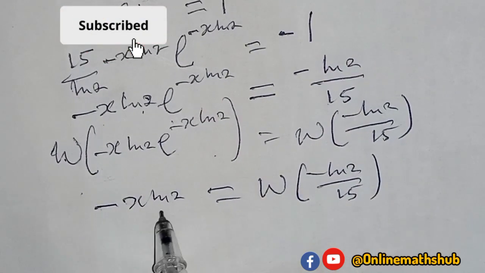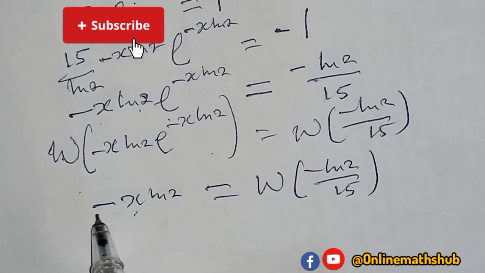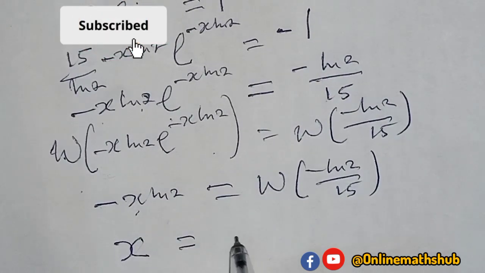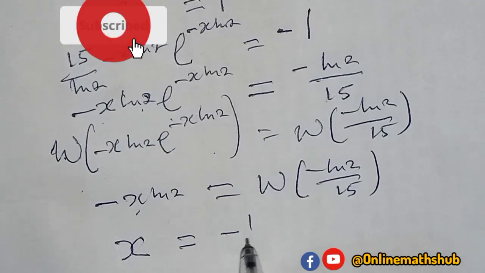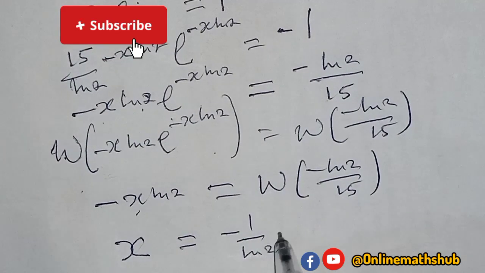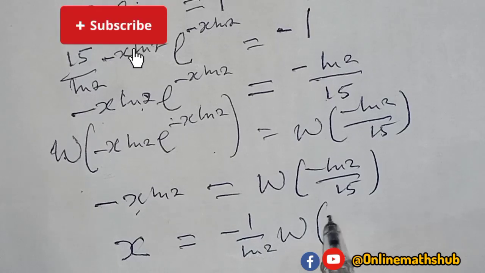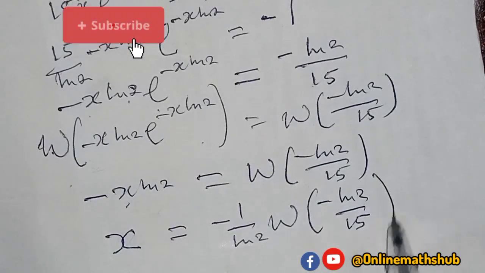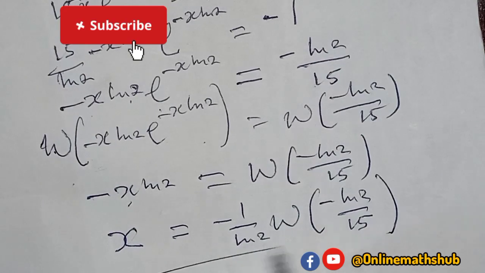To get our x, I'm going to divide through by minus ln 2, and my x now becomes minus 1 over ln 2 times W of minus ln 2 divided by 15. And obviously this is going to be the value for x.